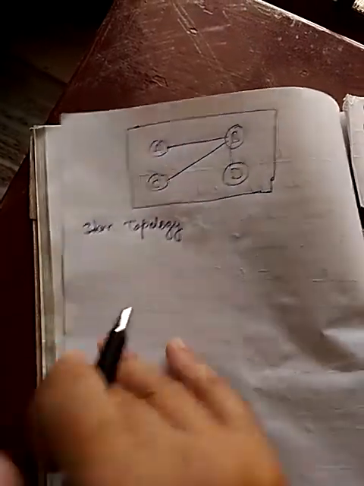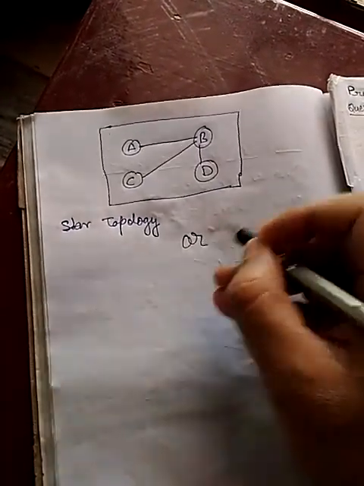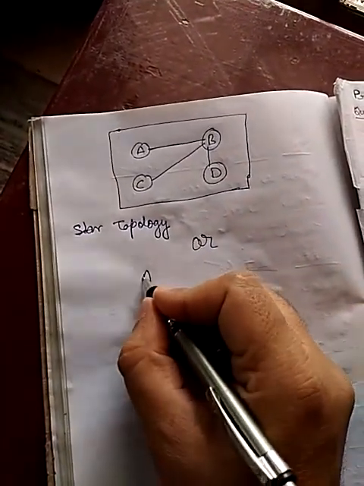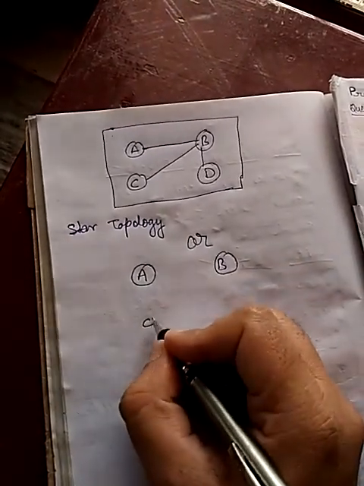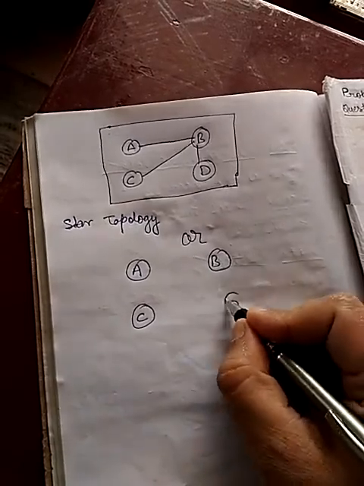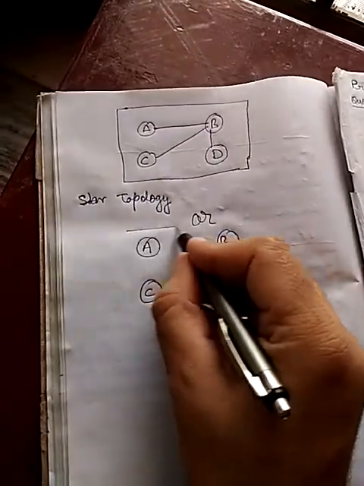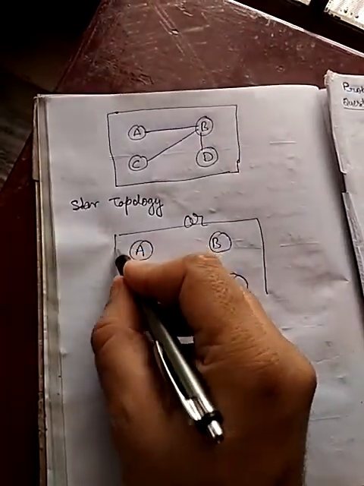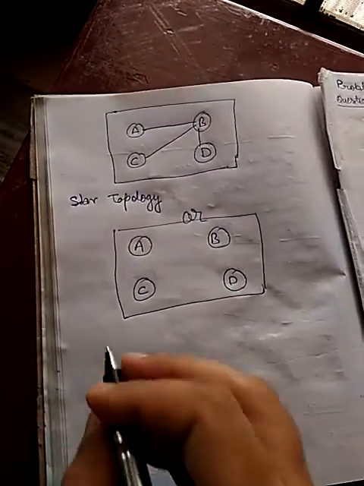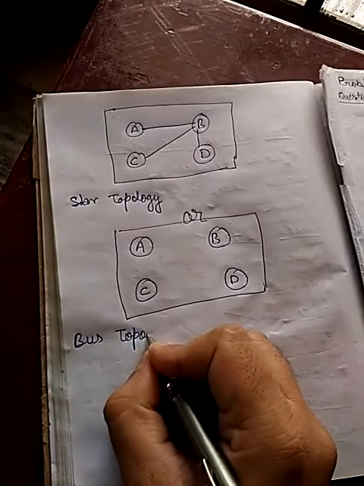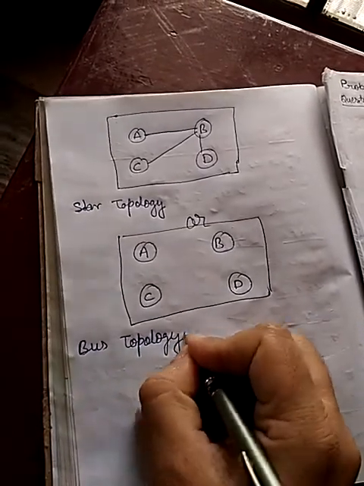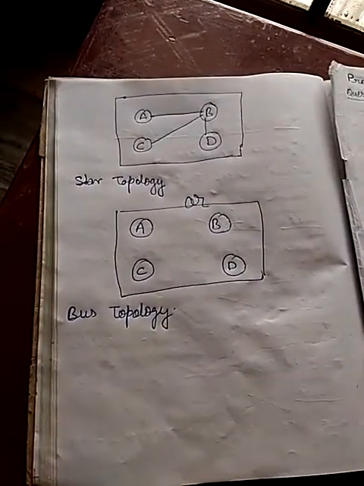And if you want to make the bus topology between the blocks, then this can be done in this way. A, B, C, D. Suppose there are these 4 blocks and we are making the bus topology between the blocks.